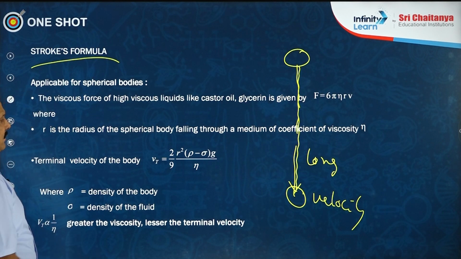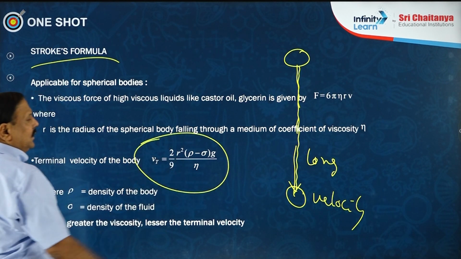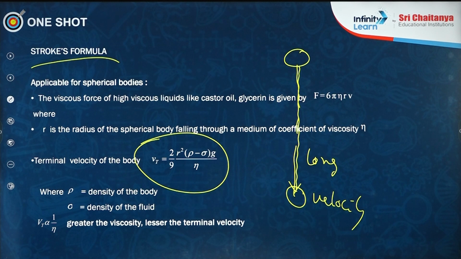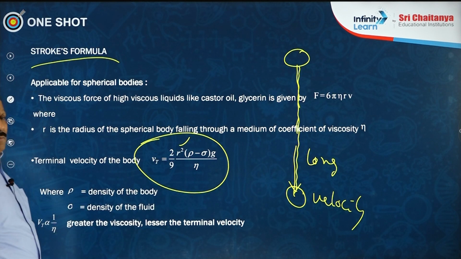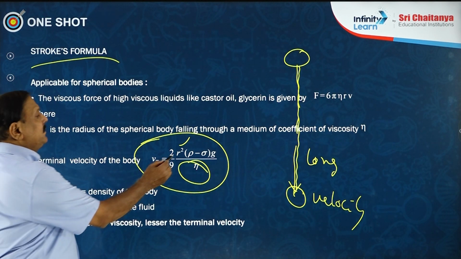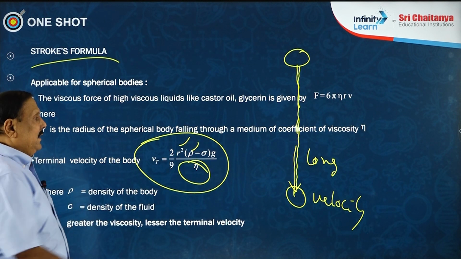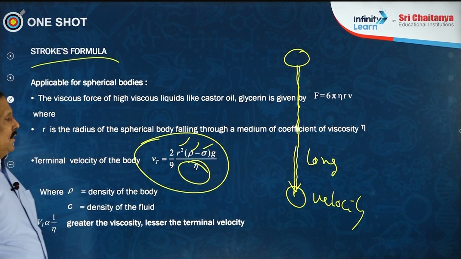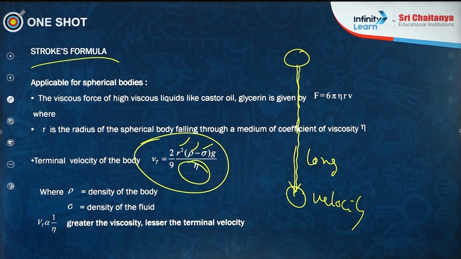The formula for terminal velocity is 2 by 9 r square by eta into rho minus sigma into g. Here r is the radius of the body falling in the liquid, eta is the coefficient of viscosity of the surrounding fluid, rho is the density of the body and sigma is the density of the surrounding medium. This is very important.